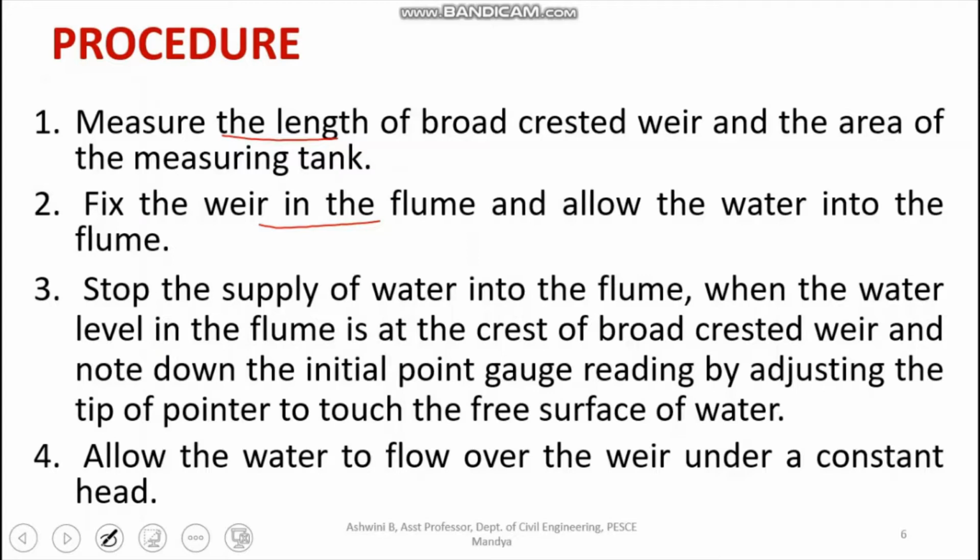Then we have to stop the supply of water in the flume. When the water level in the flume is at the crest of the broad-crested weir, we have to note down the initial point gauge reading by adjusting the tip of the pointer to touch the free surface of water. Then we have to allow the water to flow over the weir under constant head.